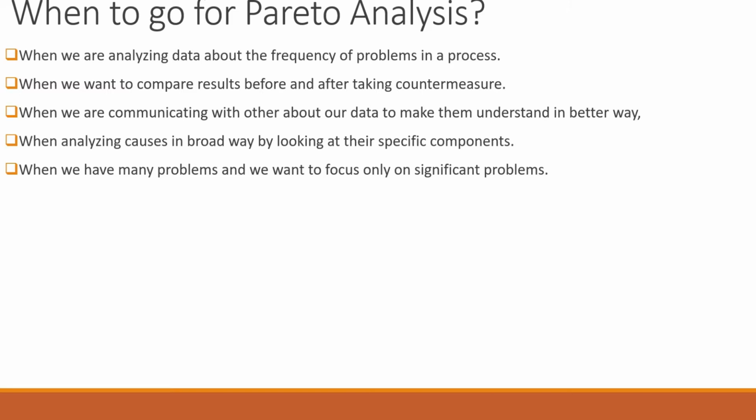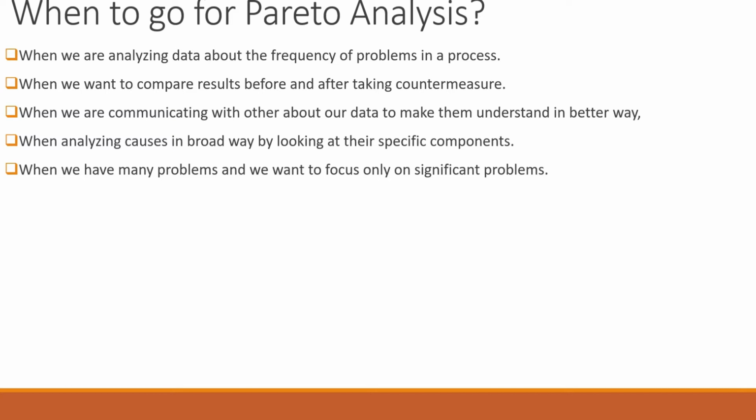First we'll see when to go for the Pareto analysis. As we discussed, whenever you have a lot of problems and issues and you want to focus only on the significant problems, then Pareto analysis is the option to go with.